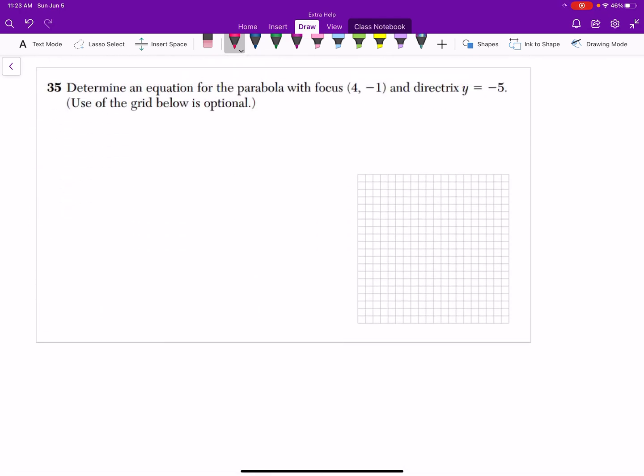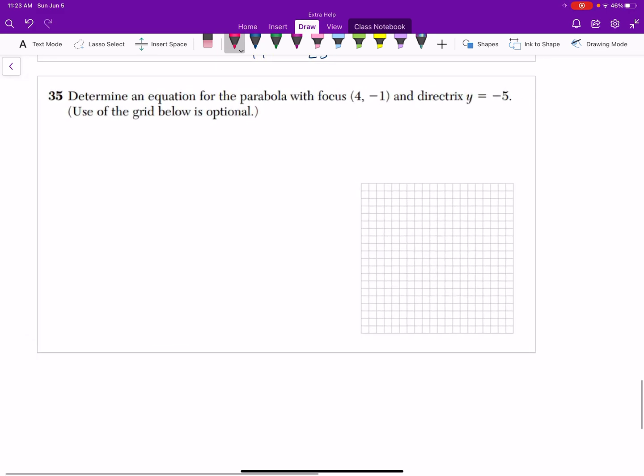Last question, 35. This was a 4-point question. Determine an equation for the parabola with a focus at 4, -1 and a directrix at y equals -5. So I'm going to draw this on my graph. Every time it's a focus and directrix question, we want to graph it.